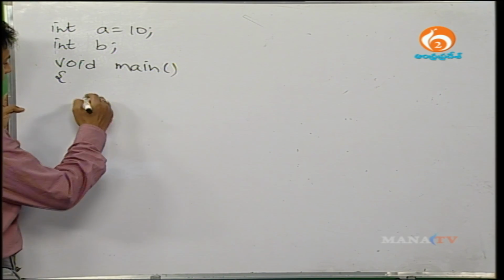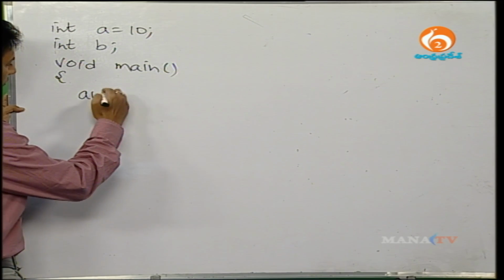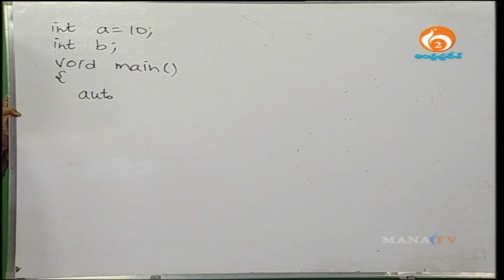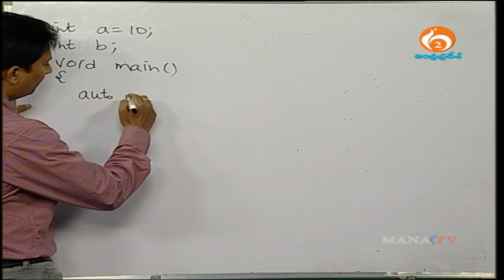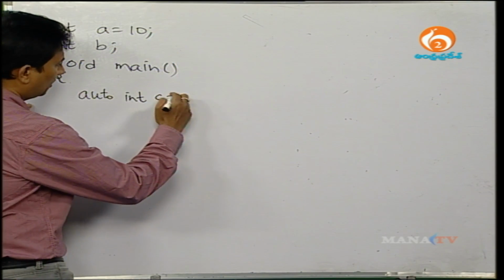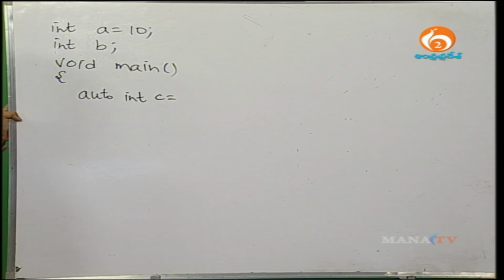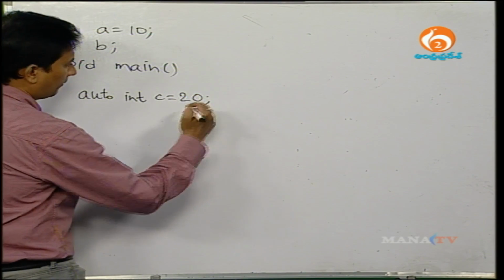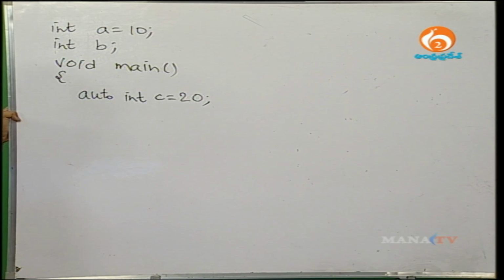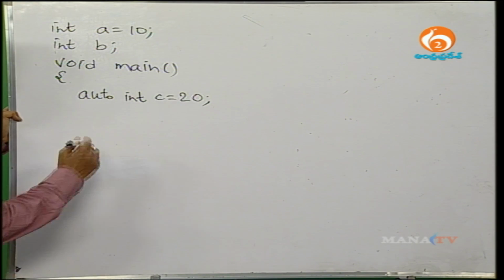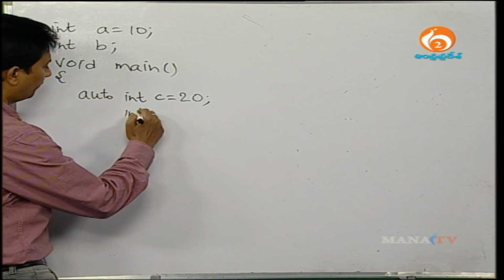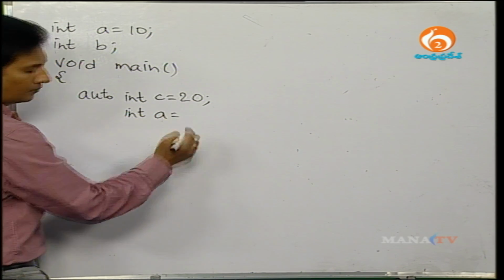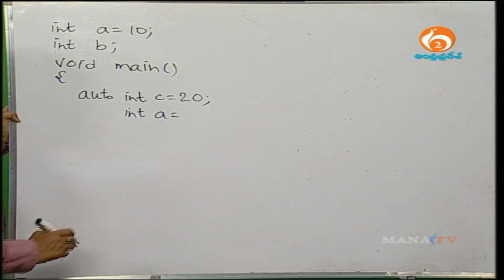Next, auto int c equal to 20. Next, int a equal to 30.